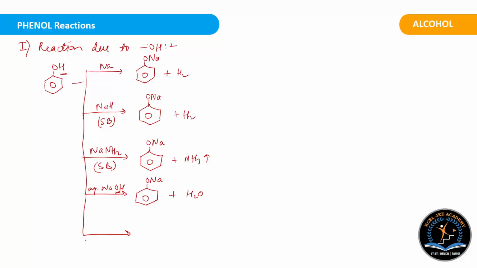The next one is with sodium bicarbonate, NaHCO3. There won't be any reaction because this hydrogen is not acidic enough to react with NaHCO3. But what if we increase the acidity of this phenol? That means attaching deactivating groups such as NO2, which increase the acidity, so this hydrogen is more acidic.